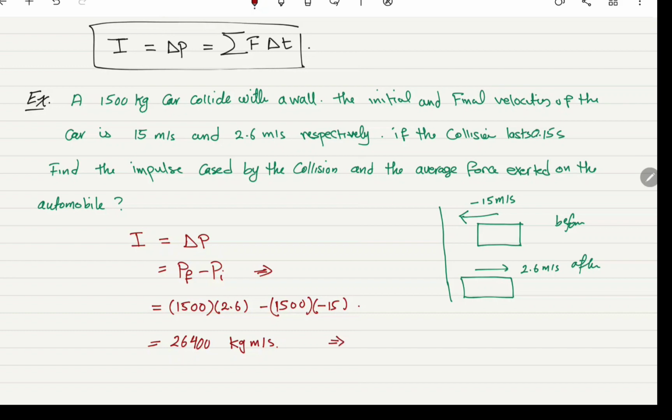Now to find the net force acting on the car here, the impulse is equal to F net, or the sum of all forces, times delta T. Delta T here is the contact time, so F net here equals 26,400 divided by 0.15 seconds. So F net here equals 176,000 newtons.